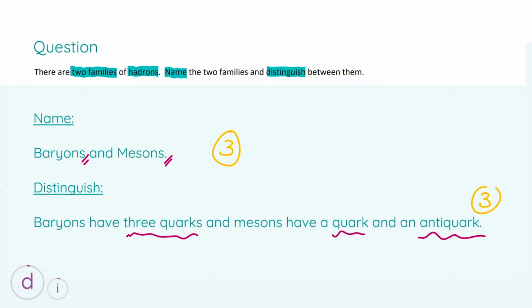And if you go to this page 48, under the baryons, proton is one of the particles in the baryon section, and the pion is a meson particle. Therefore, these 2 families, out of the 3 presented in the Form and Tables book, are the most likely candidates for the 2 families within the hadrons. So if you're ever stuck, the Form and Tables book is great for these sort of questions.